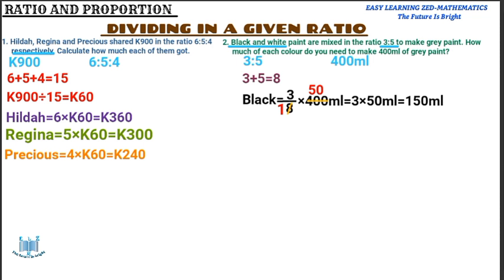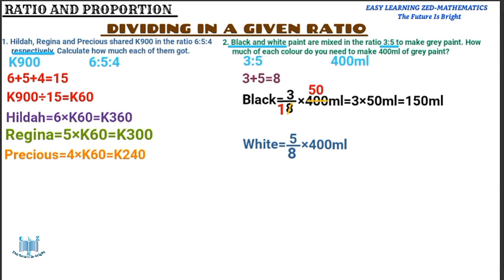Okay, once we have found the total amount of black paint, now let's go to white paint. So I'm going to write the word white, then the shares of white paint in that mixture is 5, which I'm going to write as 5 over the total number of shares, which is 8, then multiply by the total amount of gray paint that will be made.